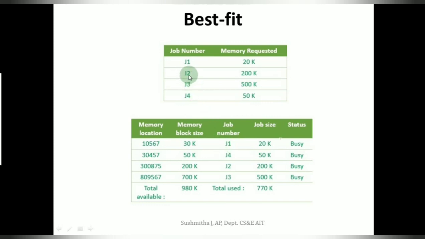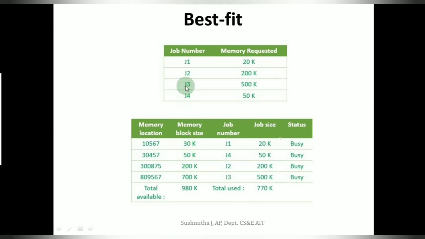Next we have job 2. Again it is not possible with the first block, it is not possible with the second block at all. There is a possibility with the third block, and there is also a possibility with the fourth block, but we have to accommodate it in the smallest, so it is going to be placed in the third block.